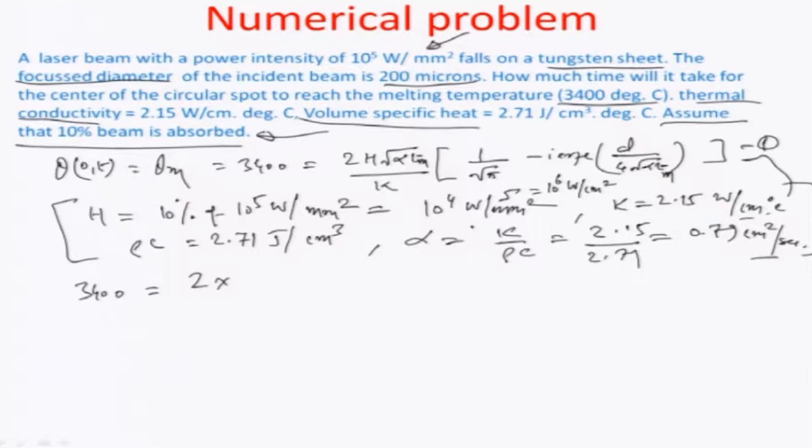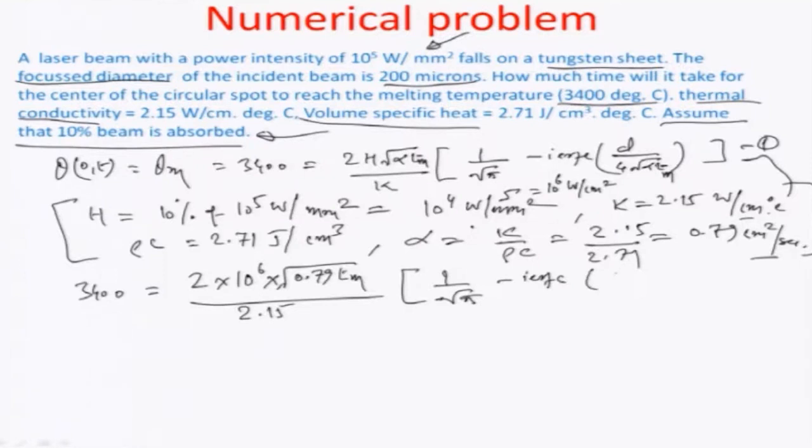The units have to be all in CGS. What we are left with is 2 times 10 to the power of 6 times root of 0.79 centimeter square per second times Tm, the value of the machining time, divided by K, which is 2.15 watts per centimeter degree Celsius, times 1 by root of pi minus the error function of the third kind of this whole term.